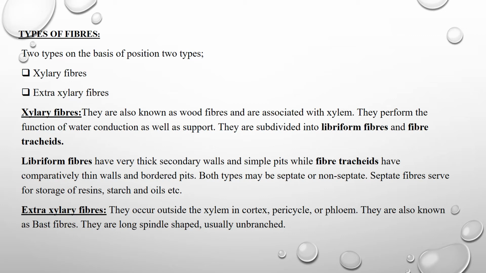They are divided into libriform fibers and fiber tracheids. Libriform fibers have very thick secondary walls and simple pits, while fiber tracheids have comparatively thin walls and bordered pits. Both these types of fibers may be septate or non-septate. Septate fibers serve for the storage of resins, starch, and oils.